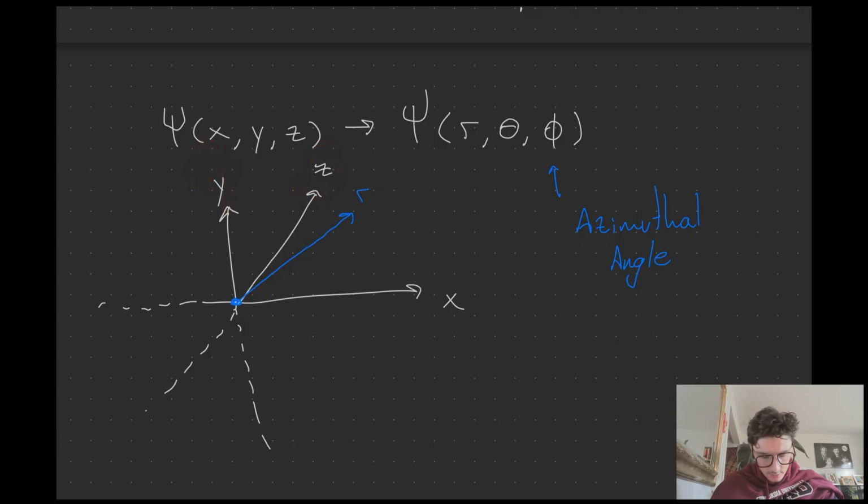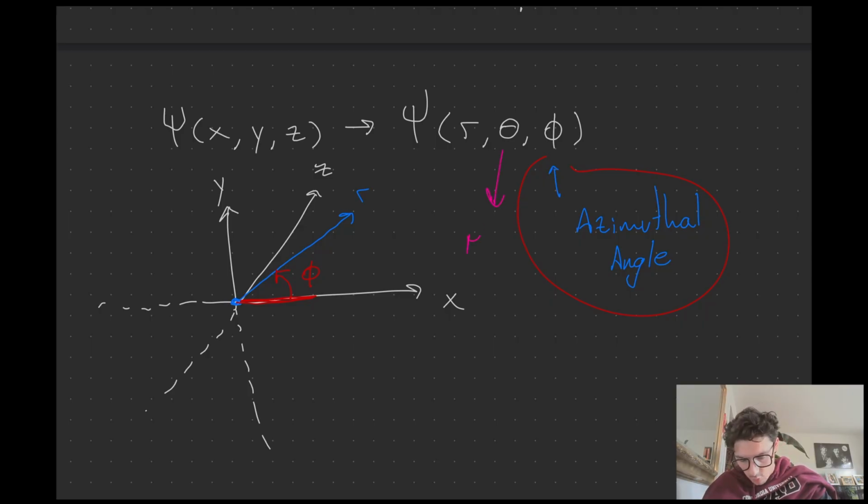You can change all these symbols anyway. So we have the azimuthal angle, which I'll draw in red, and this normally starts at X and it opens up until it hits this guy. So this is phi.